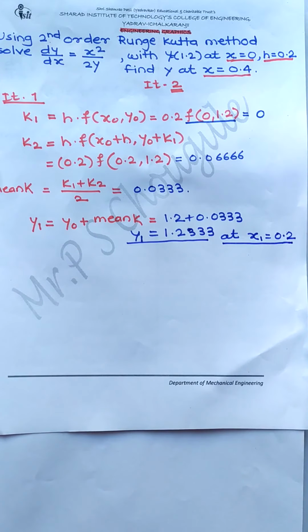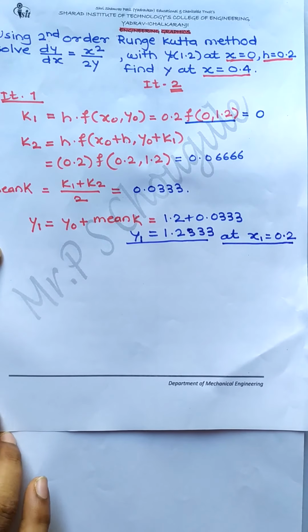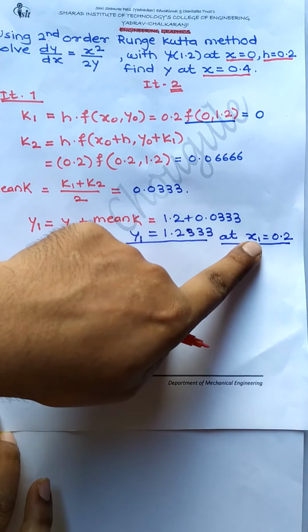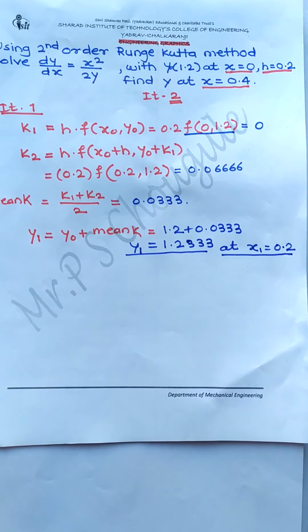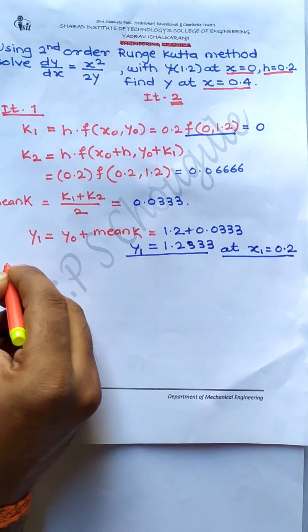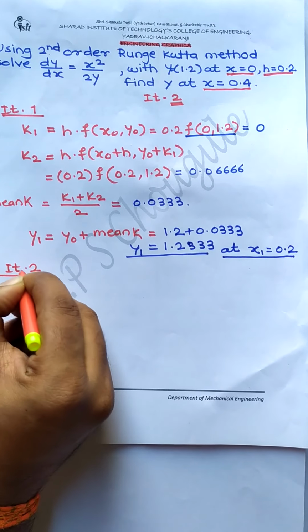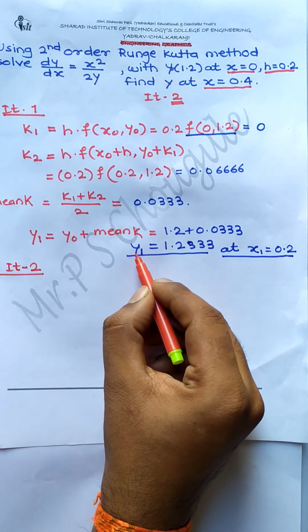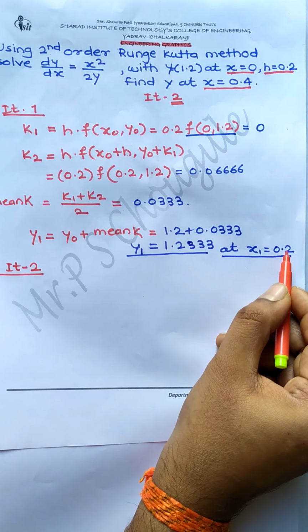Now we need to repeat the same procedure by keeping these values of x1 and y1. So this will be iteration number 2. Since we need to find the value of y at x equal to 0.4, right now we are at 0.2 only.